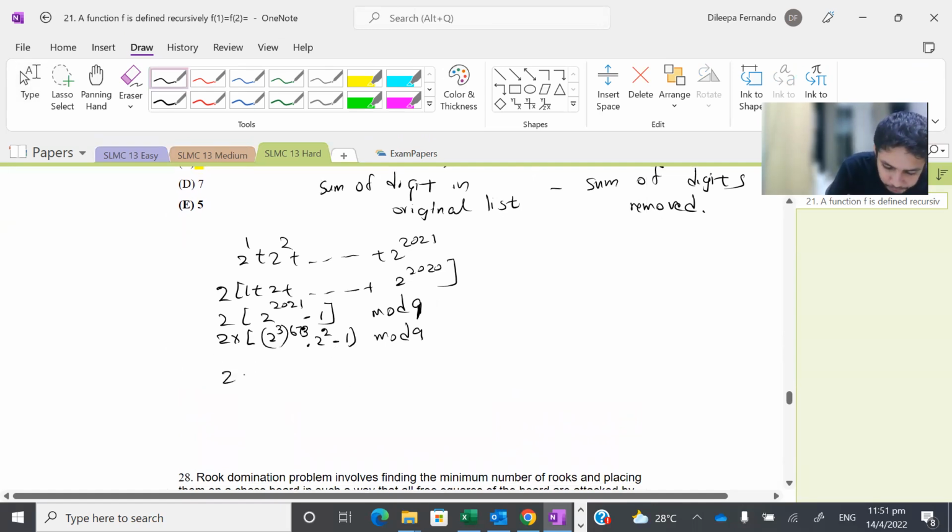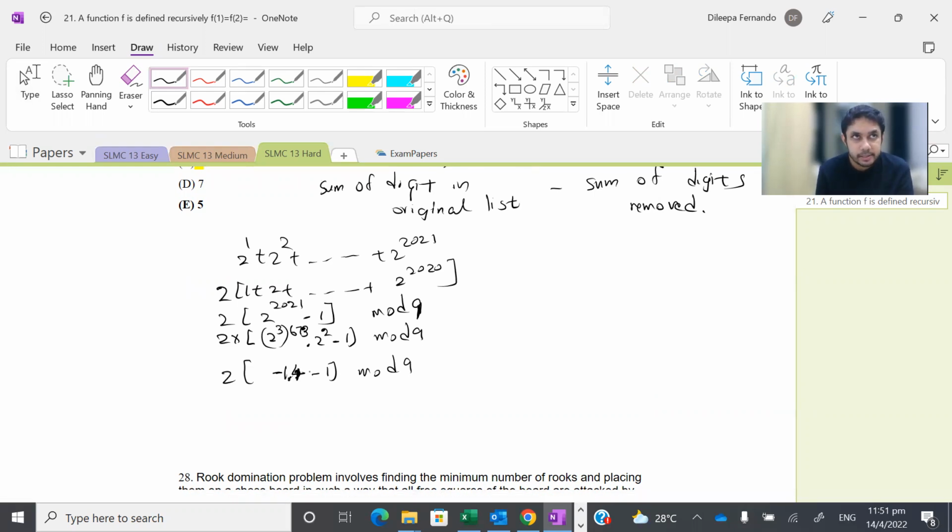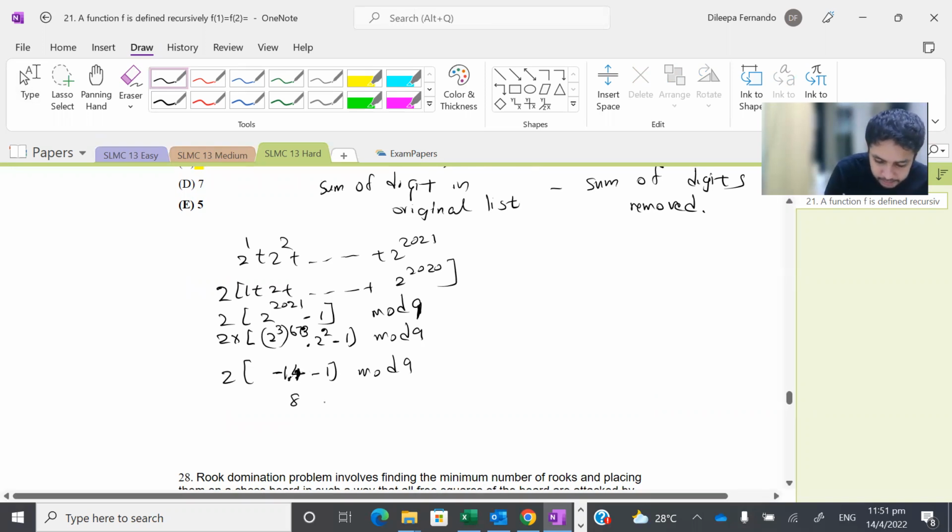It happens to be 4 into minus 1 to the power 673. 673 is odd, that is minus 1. Minus 1, 2 to the power 2 is 4. Minus 1, not 9. So minus 5 into 2 is minus 10. Minus 10 mod 9 is also 8. 8 mod 9.